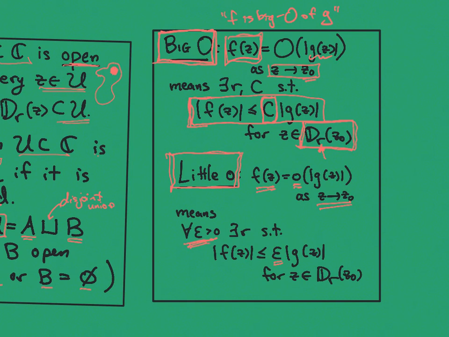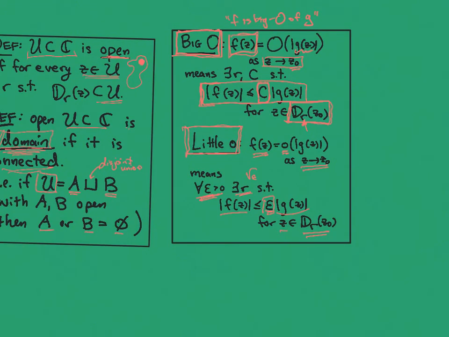For every epsilon, there exists a radius, so it would depend on epsilon, such that |f| is less than or equal to epsilon times |g| for all z in this small disk around z naught. And this means that f is much smaller than g near z naught.